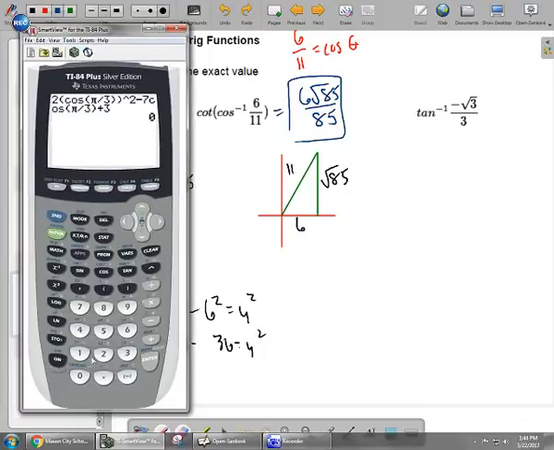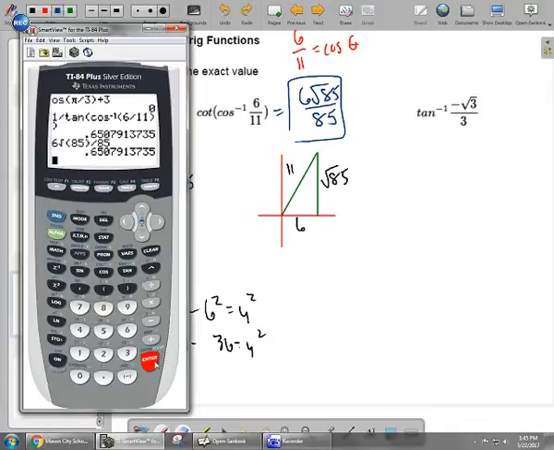If I do the cotangent, which is 1 over the tangent of the inverse cosine of 6 over 11, I should get the same thing as 6 radical 85 divided by 85. Come on, be 0.65079. Yes, we get it right. Cool.